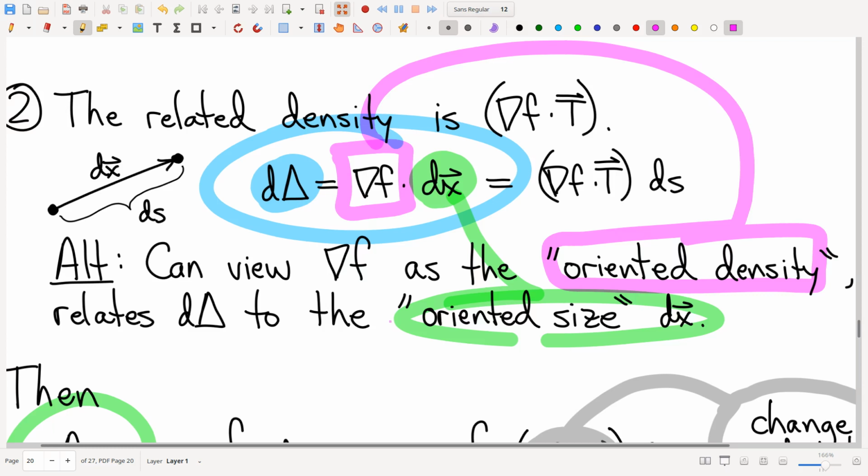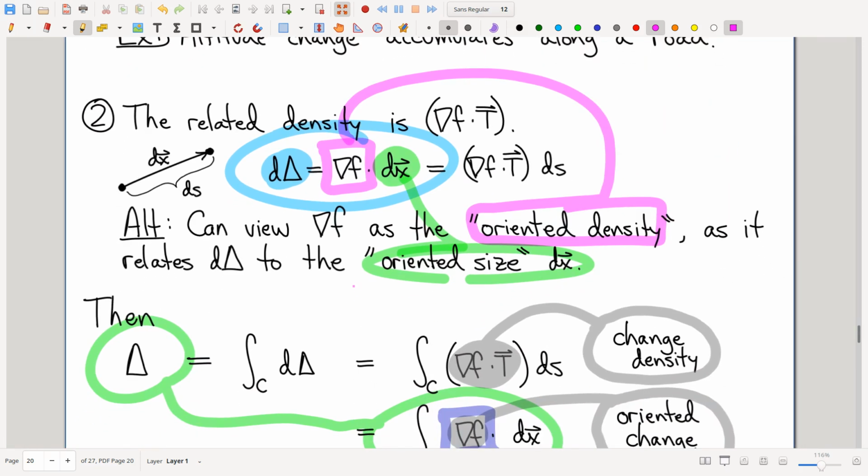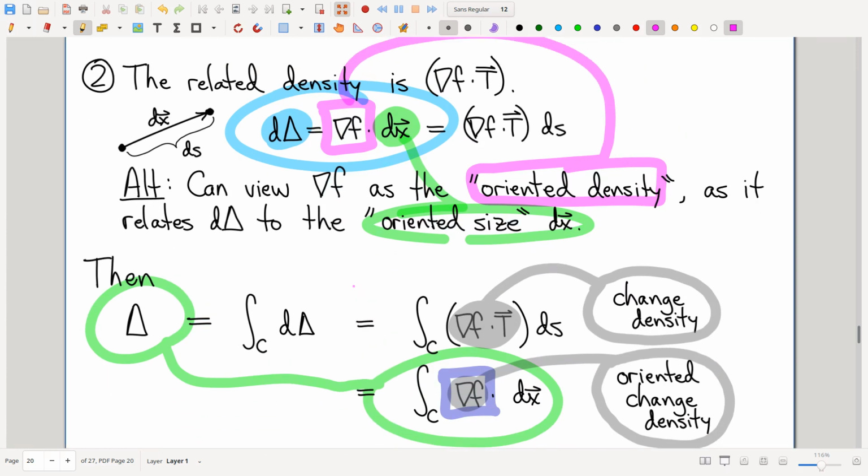Okay, with that in mind, and now coming back down here to where we were, returning to the question, how do I make sense out of gradient? Well, gradient is my oriented density. It's the density in particular where the quantity in question is change. And so I like the term oriented change density, which in my experience, nobody says but me, right?